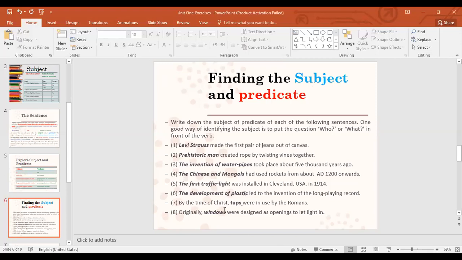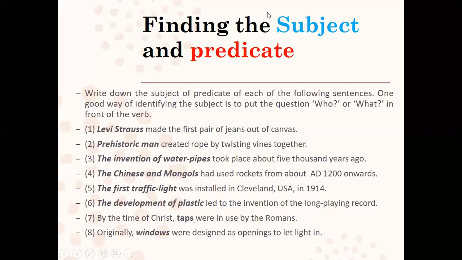Okay, this is the predicate highlighted. I have highlighted the predicate here. Levi Strauss made the first pair of jeans out of canvas.